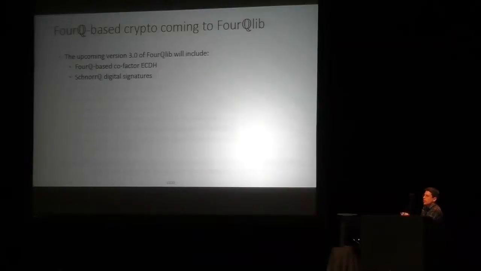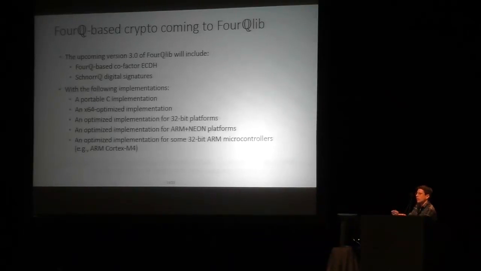Now, we are putting together these schemes, and we implemented them, and now we are preparing the release of version 3.0 of our library. The library that we wrote is called FourQlib. The current version is 2.0, but we are releasing version 3.0, including cofactor ECDH and SchnorrQ digital signatures as I described them. FourQlib already includes a bunch of implementations, but version 3.0 will include many more.